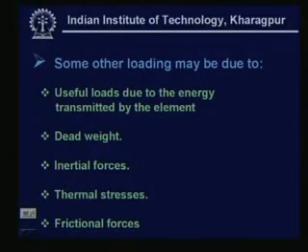Here thermal stresses is one thing that comes into the picture. Due to the thermal expansion and contraction of the machine member, the temperature causes a stress, and that thermal stress is also a type of loading. We also consider frictional forces to be a sort of loading while designing a machine member.